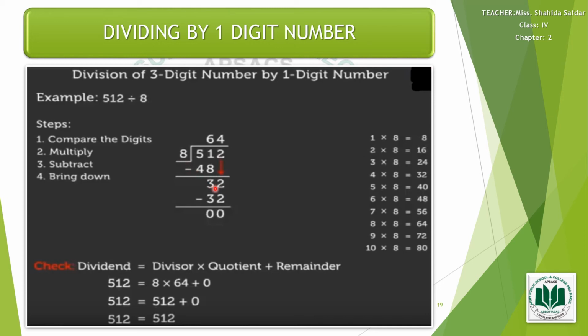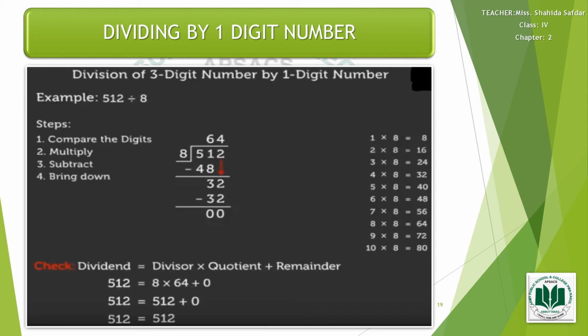Now as 32 is greater than 8, we can divide it by 8. Here 4 multiplied by 8 equals 32. So we will write 4 in the ones place in the quotient and 32 under 32. Now subtract 32 from 32. The answer is 0.